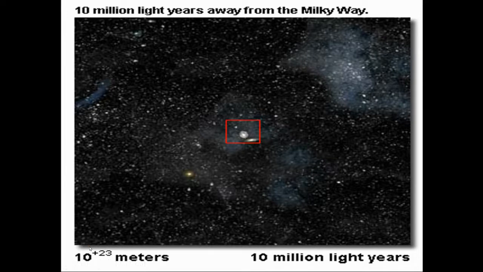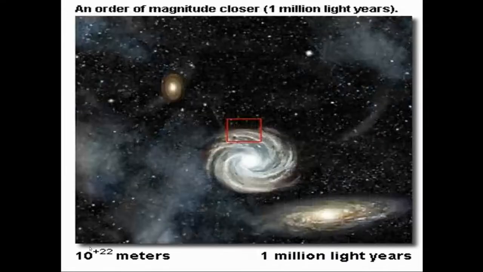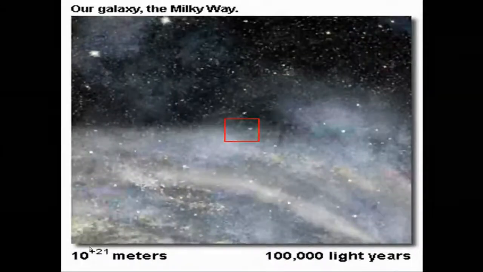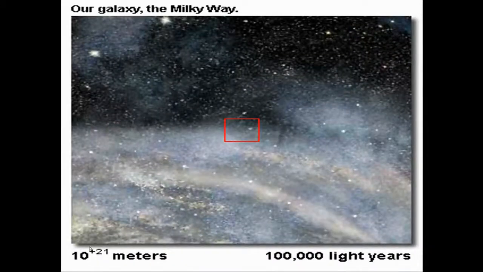Now, if we zoom in, you are somewhere on the edge of the Milky Way Galaxy. If we zoom in further, you are in that region, and we picked this region because this is where the sun exists. You are in the Milky Way Galaxy, and you see dust, gas, and stars.